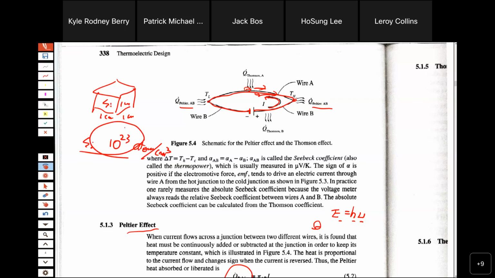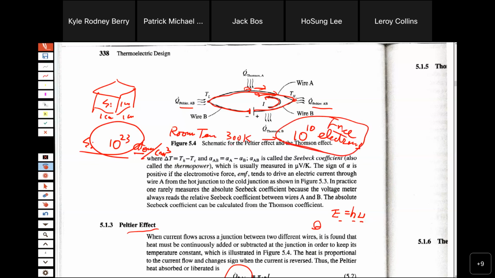Well, an atom is so small, so 1 centimeter is so big by comparison. 10 to the 23 atoms at room temperature, believe it or not, room temperature 300 K, we measured 10 to the 10 free electrons. Amazing. This is amazing.